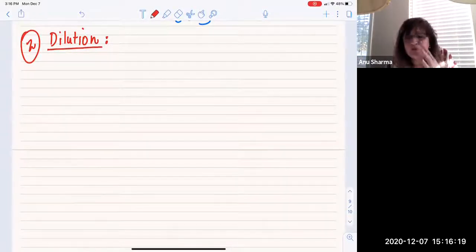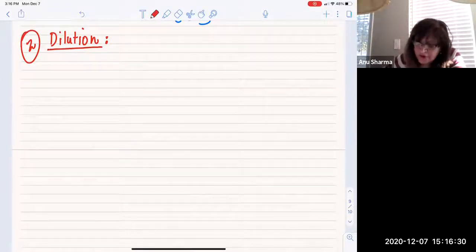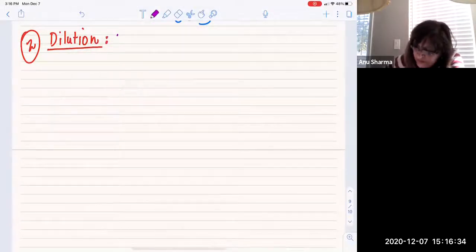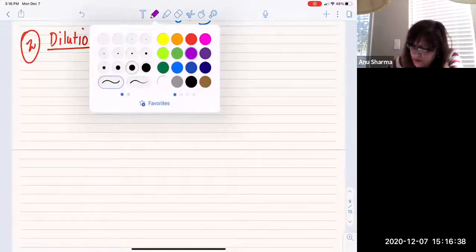Okay, for that now, guys, a lot of students make mistakes. First of all, remember that dilution is not a chemical reaction. I don't know how many times I have emphasized this, but let me make this really thick.